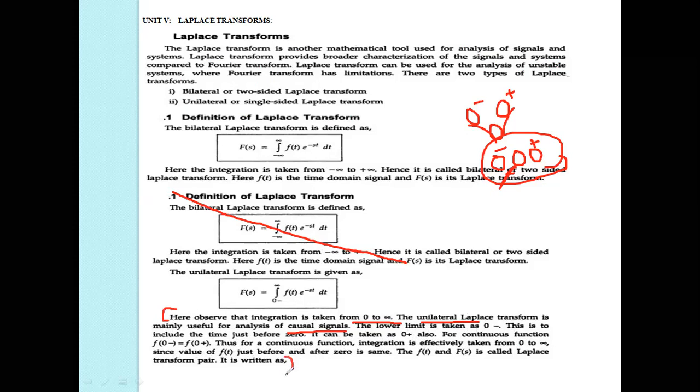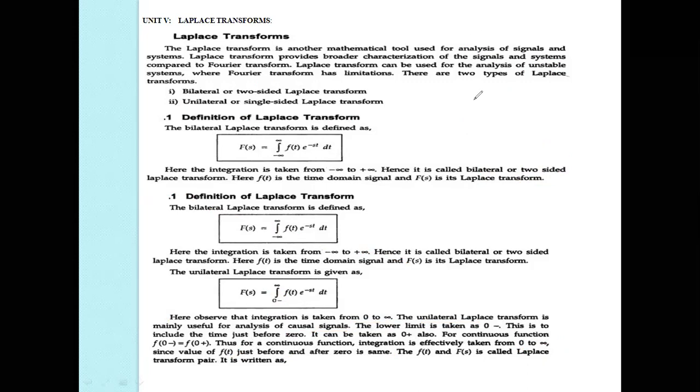Even though it is denoted as 0 minus, for a continuous time function the integration is effectively from 0 to infinity. The f of t and f of s are called a Laplace transform pair. Got it, my dear students?